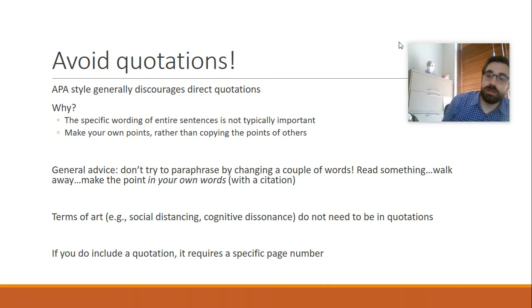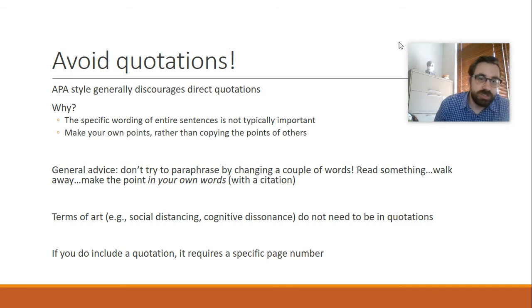Then include a citation for where you got those ideas. So I'm going to read about a study about test anxiety, understand that study, put it away, and then describe that study and how it's relevant to this broader area of research in my own words and cite the source of that information. That's what you want to be doing instead of taking blocks of text and mangling it around.